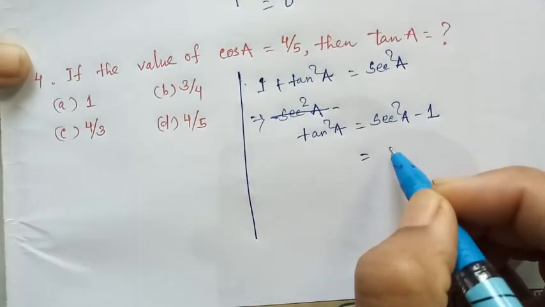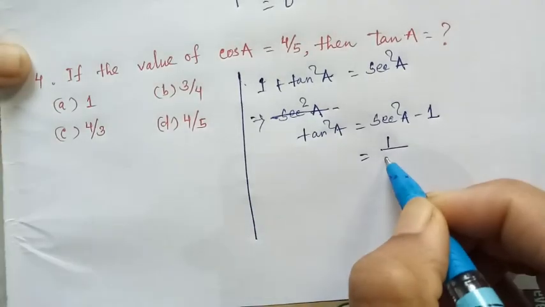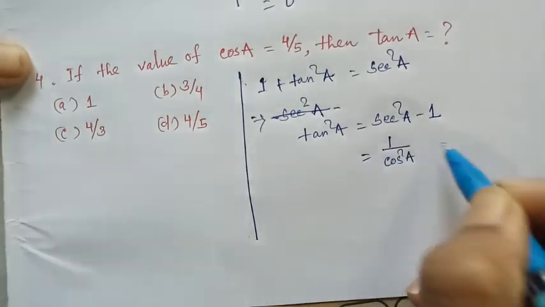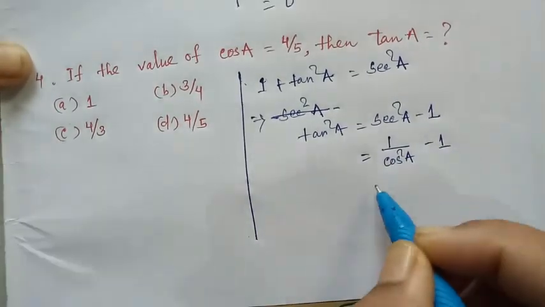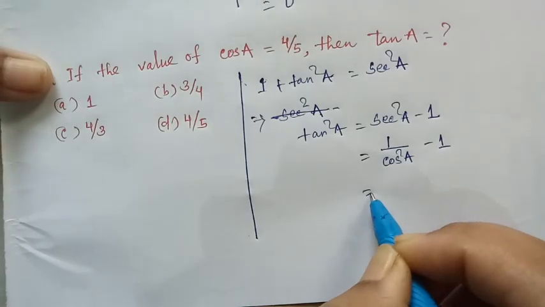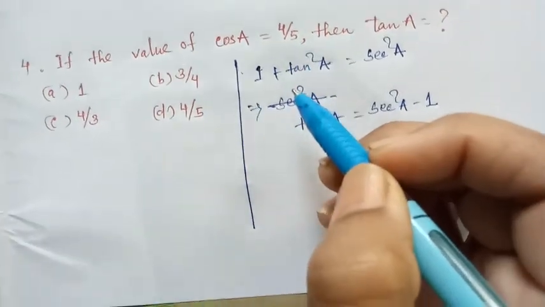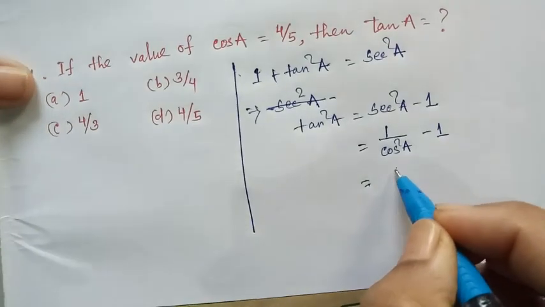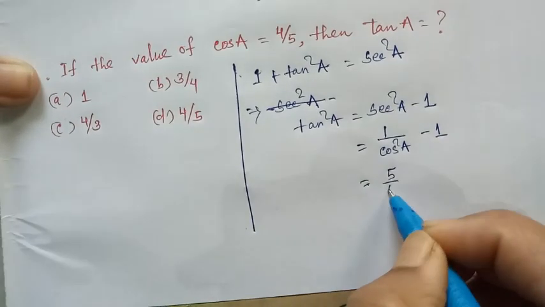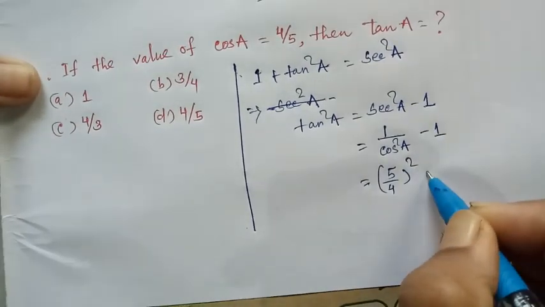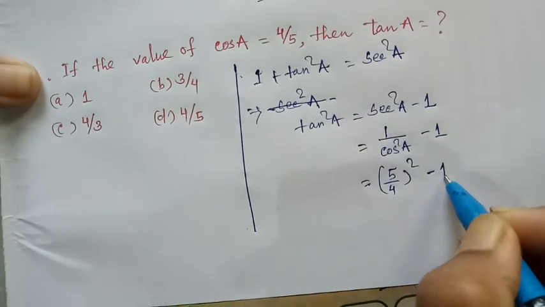Again, sec is 1 upon cos. So 1 upon cos square A minus 1. Cos A is given as 4 upon 5, so reverse it. That means 5 upon 4 square minus 1.